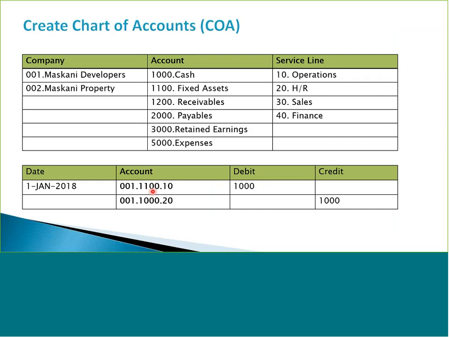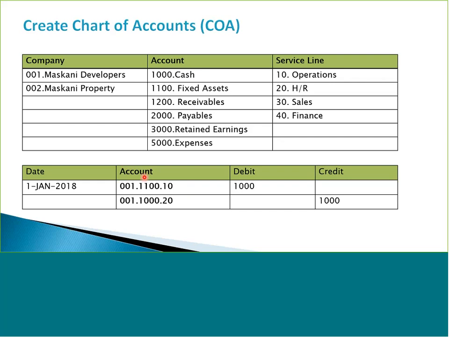The same for this 001, 1000, and 20. But once you allow dynamic insertion, these account combinations are created on the fly because these values already exist in your chart of accounts. So Oracle will validate this account combination automatically for you, and you don't need to do any manual validation in order to be able to enter this account.